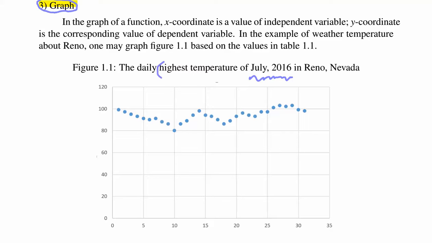On day 10, July 10th, the temperature is the lowest. And you can see from day 1, July 1st, to day 10, the temperature is actually going down. That's the trend. And then after July 10th, it goes up and then goes down. Okay, so you see the trend is very intuitive.